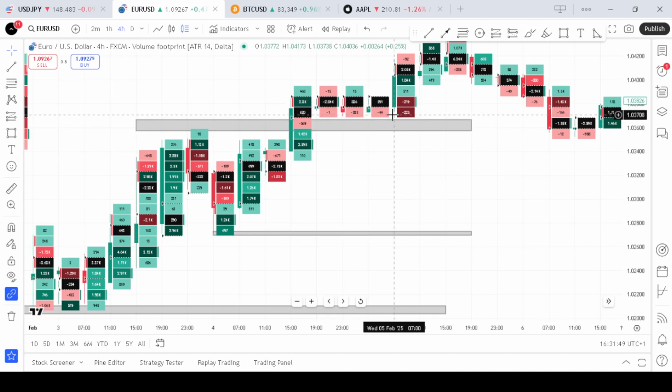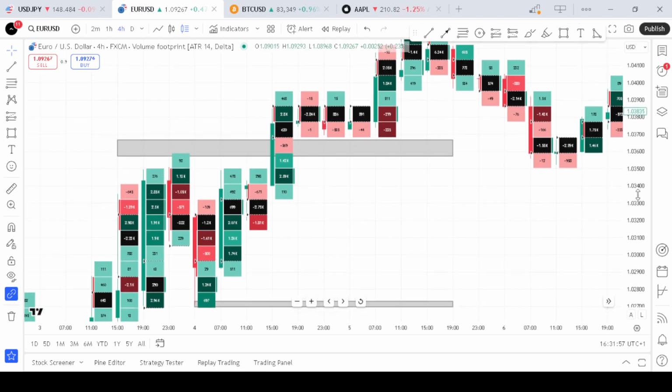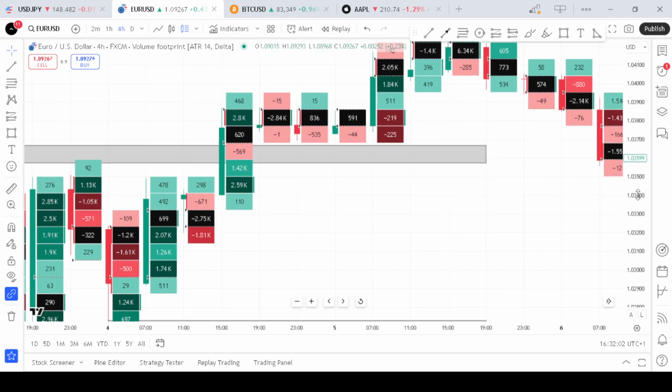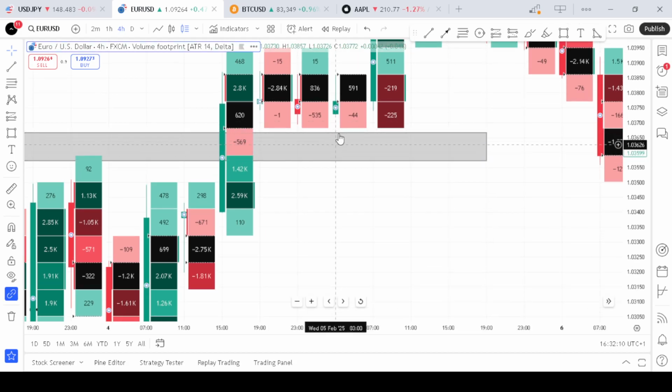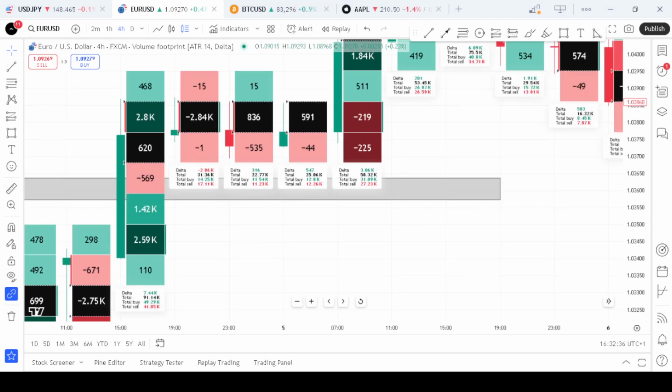For instance, if price is testing a support area and you see strong buying pressure, if we look at this area for strong buying pressure, once we see strong buying pressure, it suggests that the support area is likely to hold.